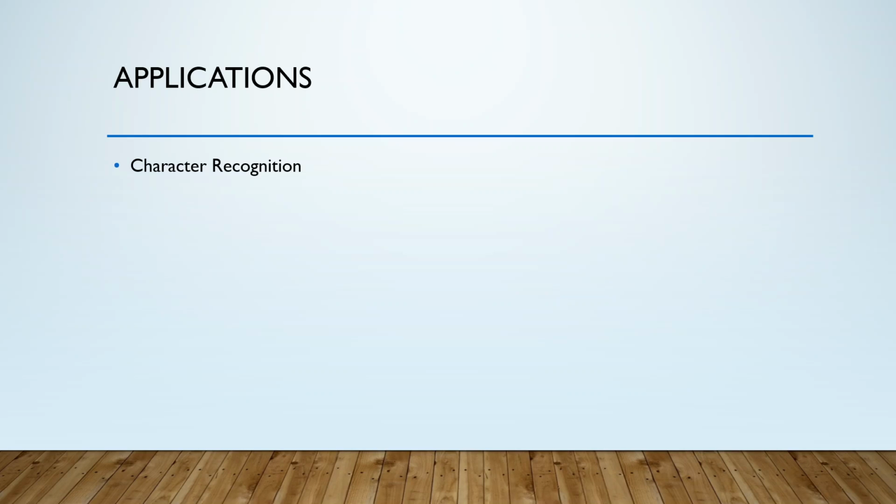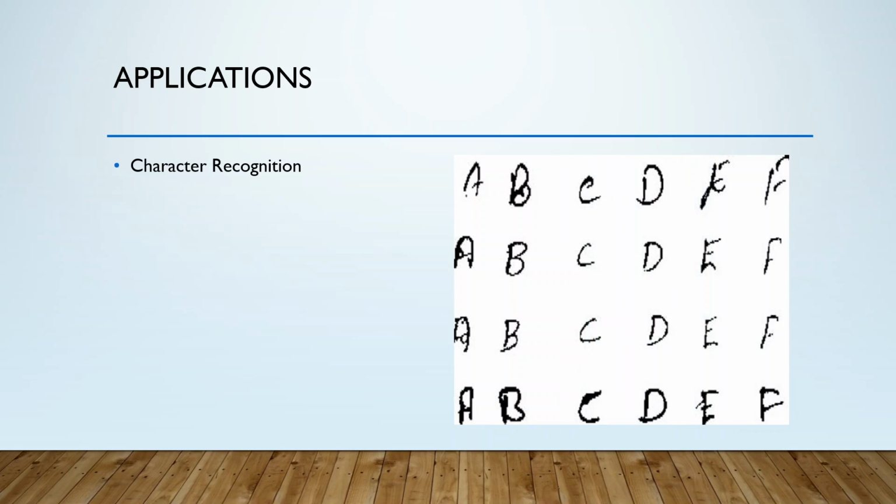Another application can be character recognition. So what is character recognition? Suppose certain text has been written on a plain paper. It can be different alphabets, different numbering systems, or whatever it may be.